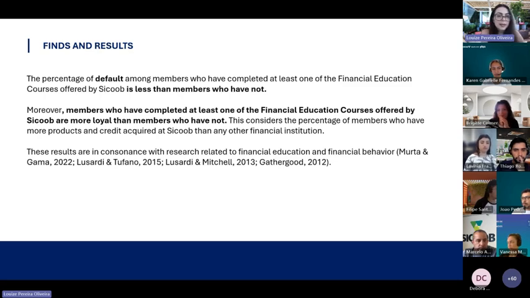The main idea here is what I told you: the percentage of default among members who have completed at least one of the financial education courses offered by Sicoob is lower than among members who have not. We can see this in July 2024, December 2024, and other months.